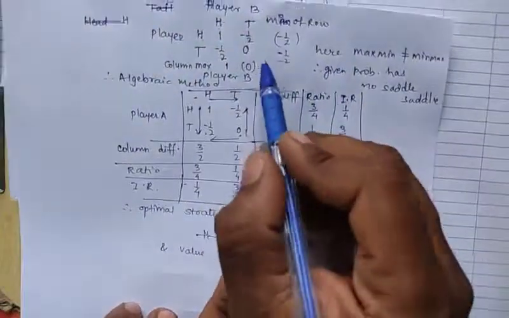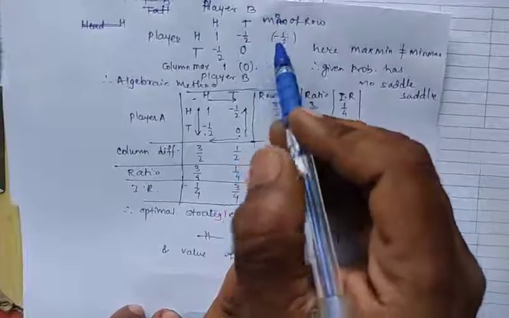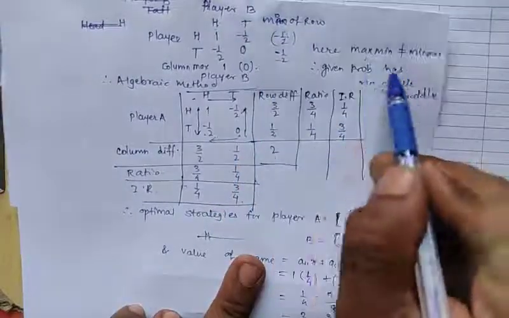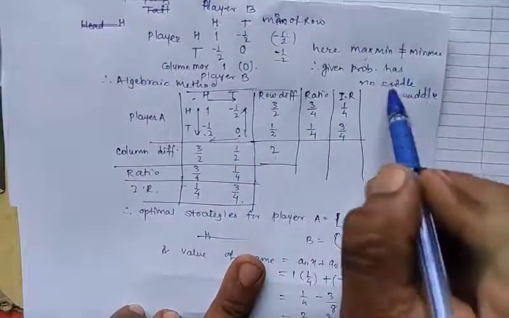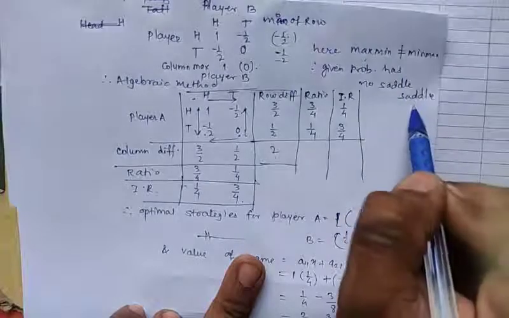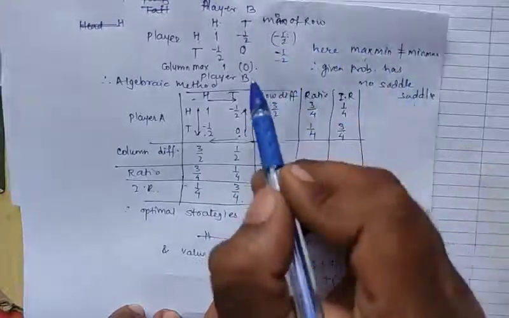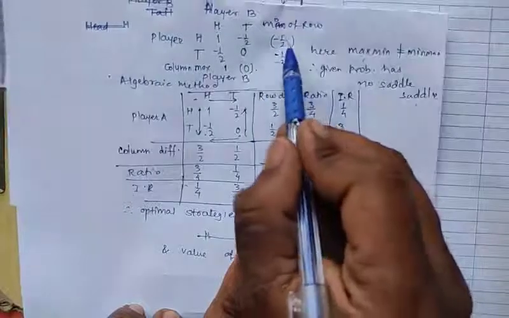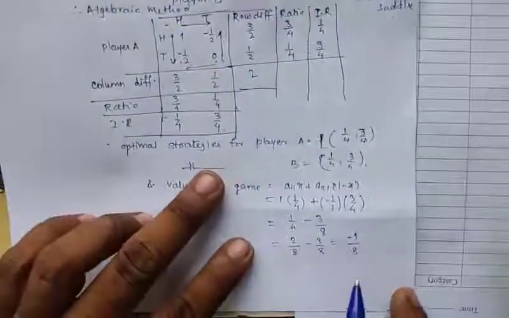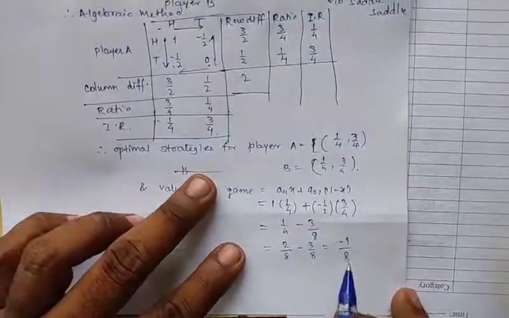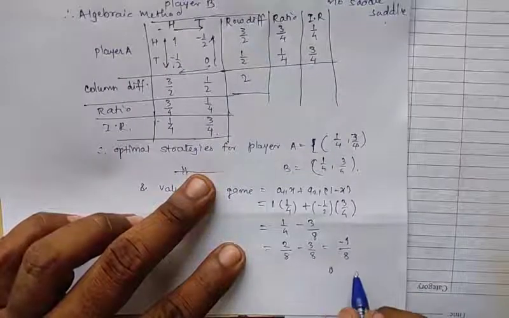And we have checked that by using the saddle point test, the maximin value and minimax value are not equal. Therefore, the given problem has no saddle point, and the value of the game lies between 0 and minus half. So here the value of the game is minus 1/8, which lies between 0 and minus 1/2.